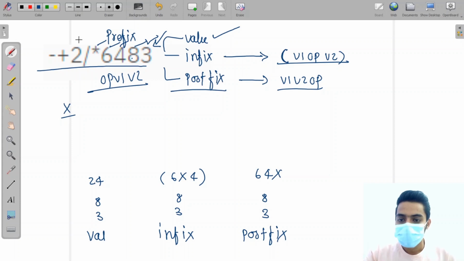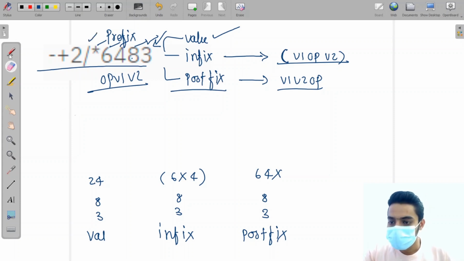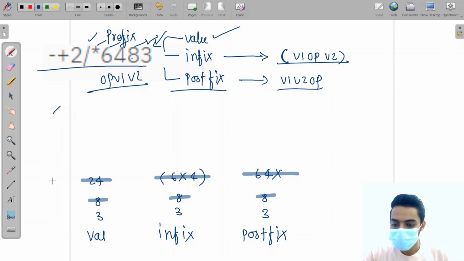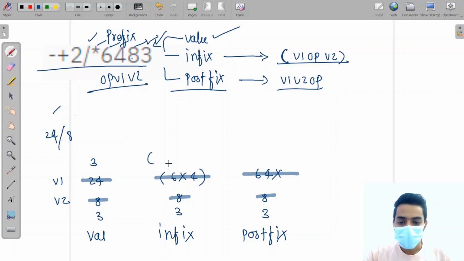Now division appears here, so the operator will be divide. So pop 2 elements from every stack. This is value 1, this is value 2. Solving this, 24 operator value 2, that is 3. For infix, opening bracket, now value 1, that is 6 into 4, now the operator, divide, value 2, that is 8.